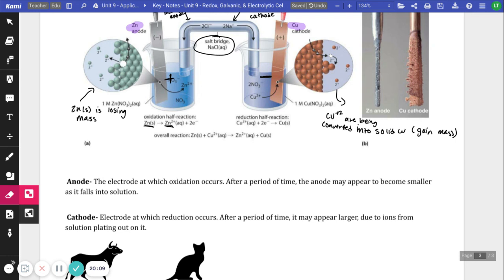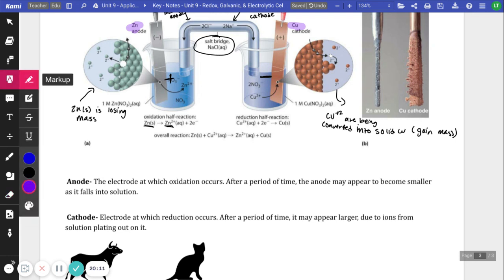A few key points: our anode is always the electrode at which oxidation occurs. Again, the anode is going to lose mass because it is turning from a solid into that aqueous solution.